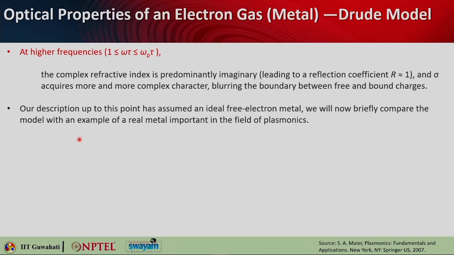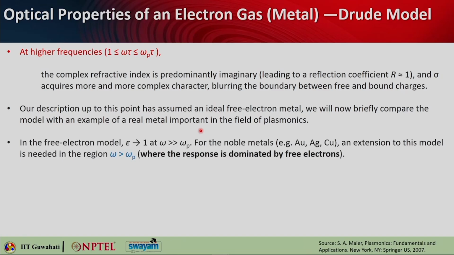Now our discussion up to this point has assumed an ideal free electron metal. We will briefly compare the model with an example of a real metal important in the field of plasmonics. So let us take one example. In the free electron model, we know that epsilon goes to 1 when the frequency is much larger than omega p.